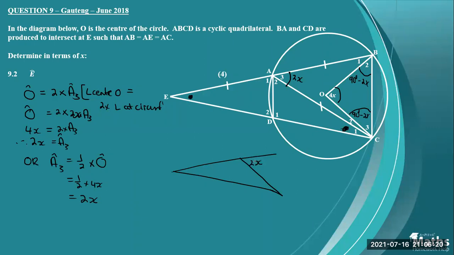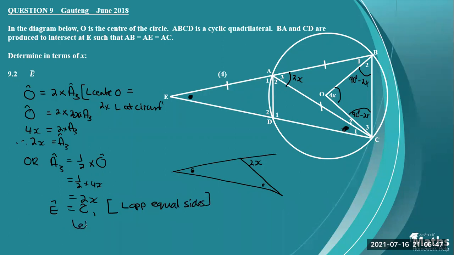Now that we have A3 is 2x, it's that one. The exterior angle of a triangle is equal to the sum of the opposite interior angles. So now I'm going to say that angle E is actually equal to angle C1. It's angles opposite equal sides. So then I'm going to do the same trick as in the previous slide.